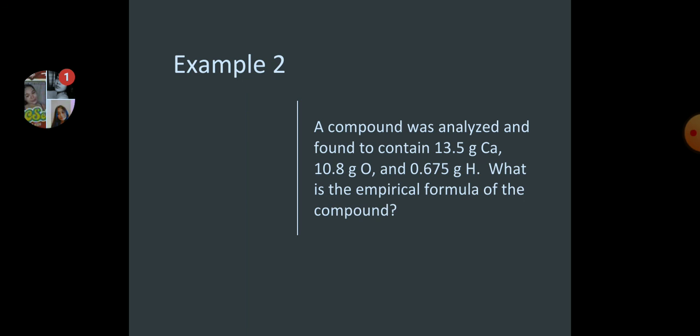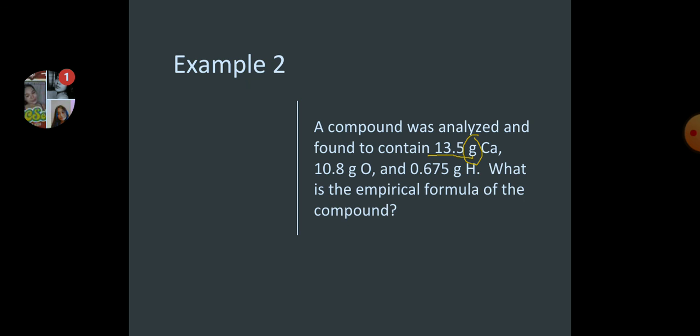Okay? So, first thing, kailangan i-check yung given if naka-percentage or naka-grams. Pag percentage, step 1. Kapag grams na, no need. Step 2 na kagad. Okay? So, step 2 na lang, we need to convert these grams into number of moles.